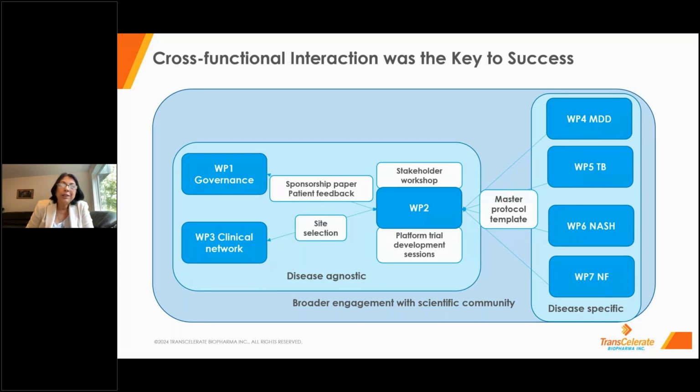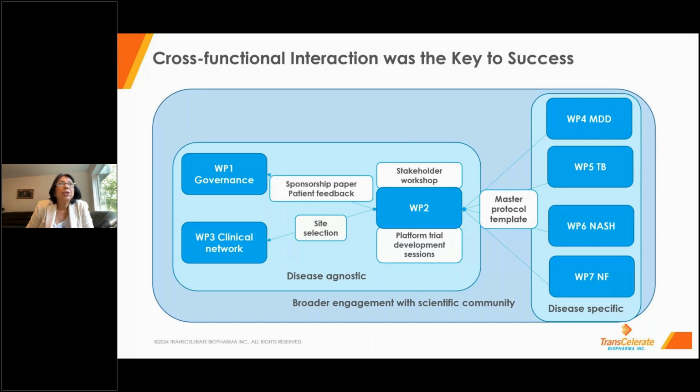But beyond terminology, they also developed a large number of tools, some of which we will talk about today. And this was to help conduct these trials in a seamless manner.